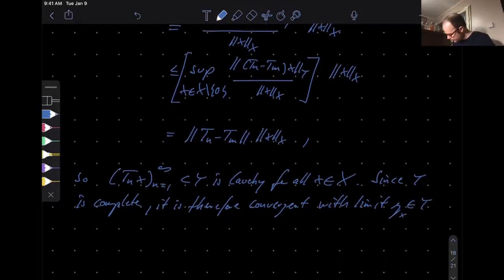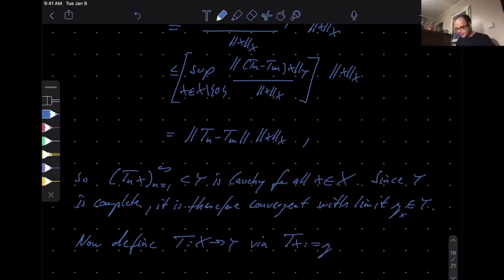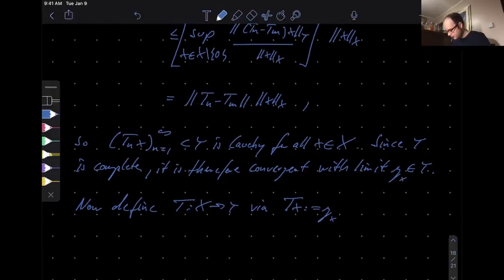Okay, now what you do is define a map T from X to Y via, well, T of x is precisely equal to that quantity y, which depends on x, right? You can indicate it like this. Okay, now I have to check a few things.